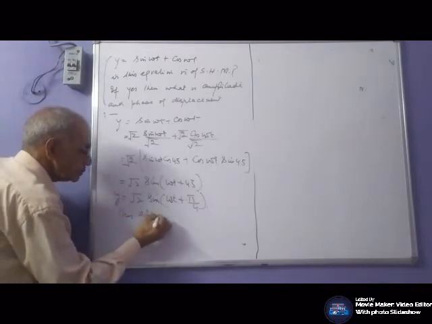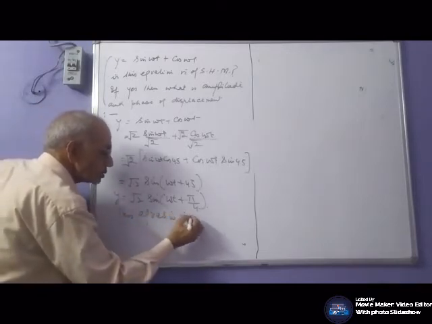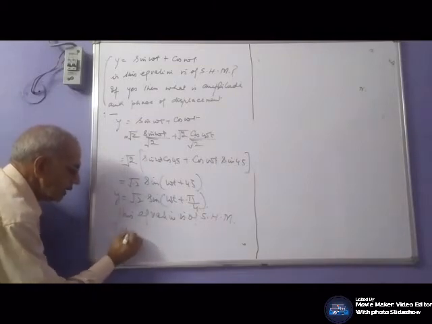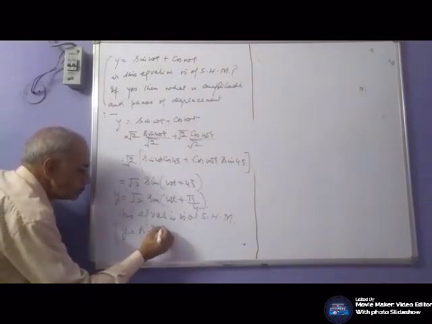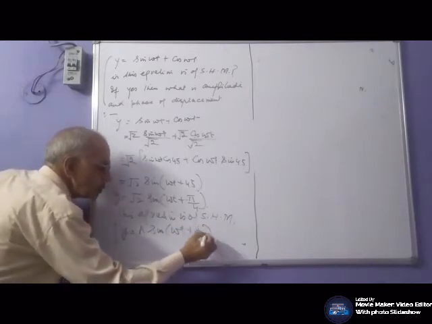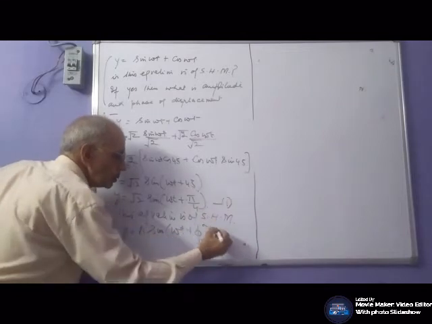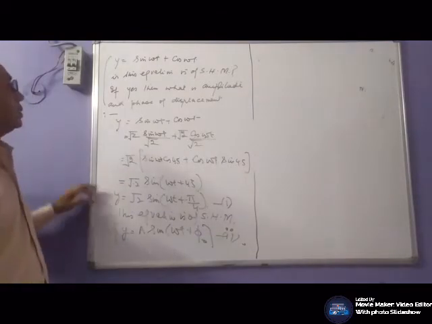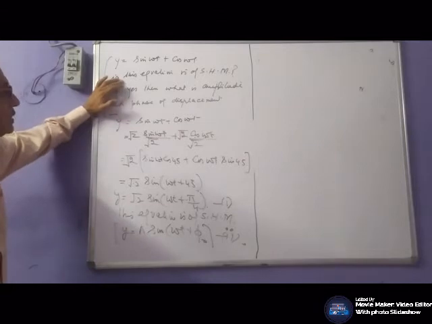This equation is of S.H.M. Why? Because y equals A sin omega t plus phi naught. We know this thing. This is the general equation of S.H.M. So first, does this equation represent S.H.M?